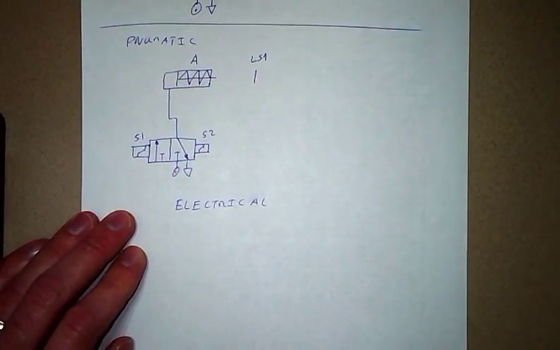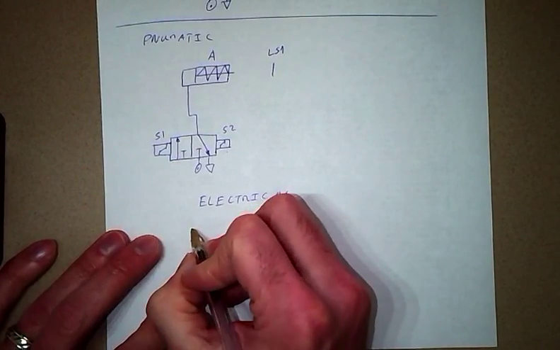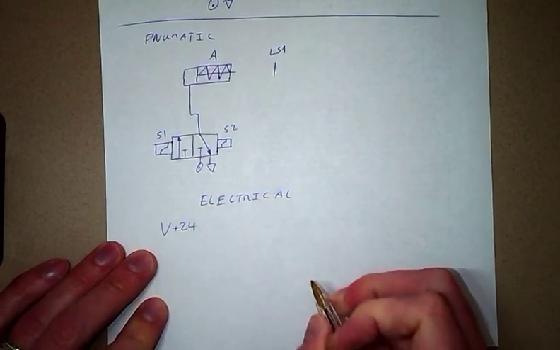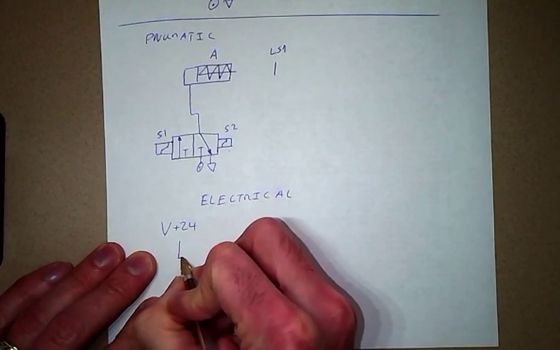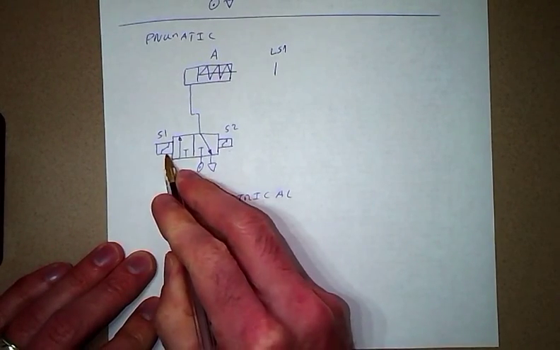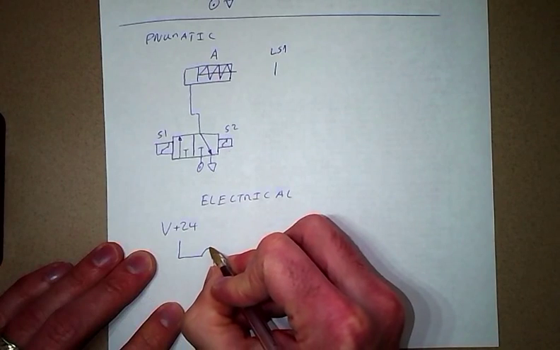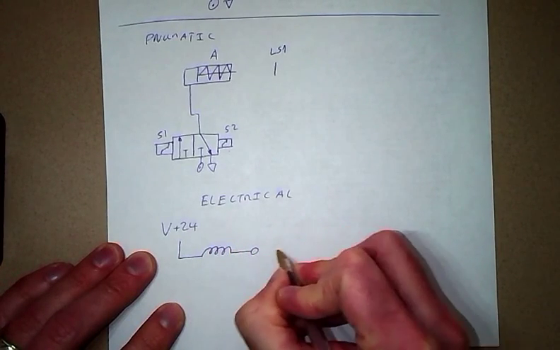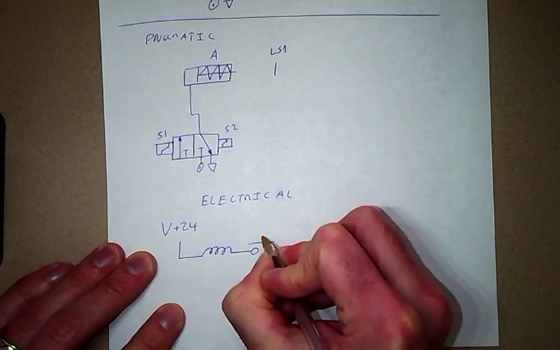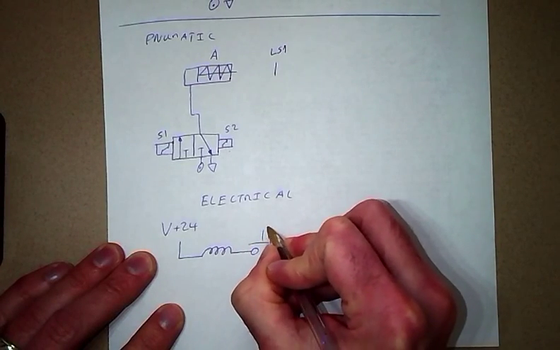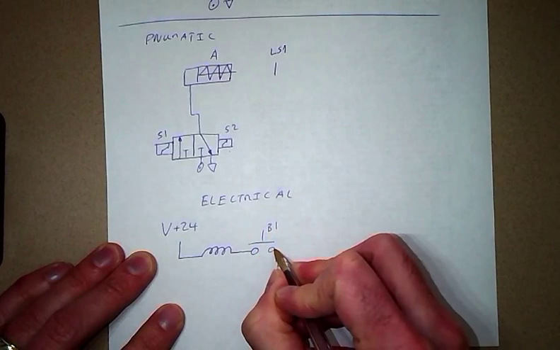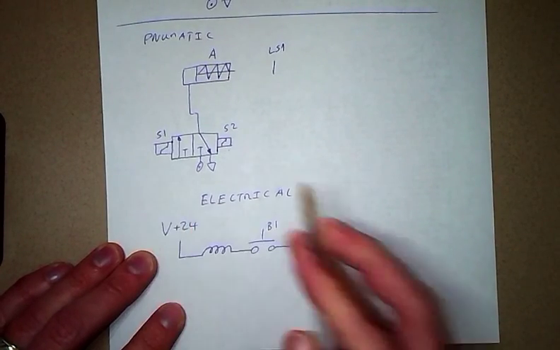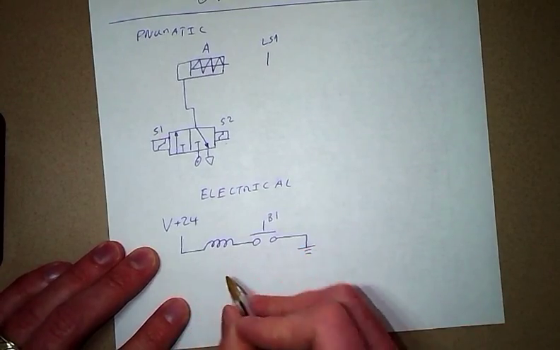Okay. So again, we'll start off with our positive voltage. And we said that there's a push button to operate solenoid 1. So draw solenoid 1, and it's connected to ground by an electrical push button, B1. When we press that, there will be current supplied to the solenoid.